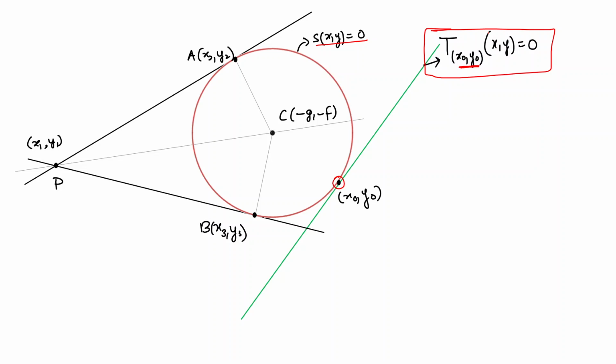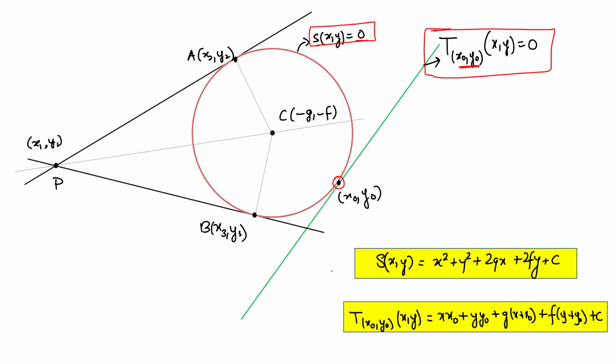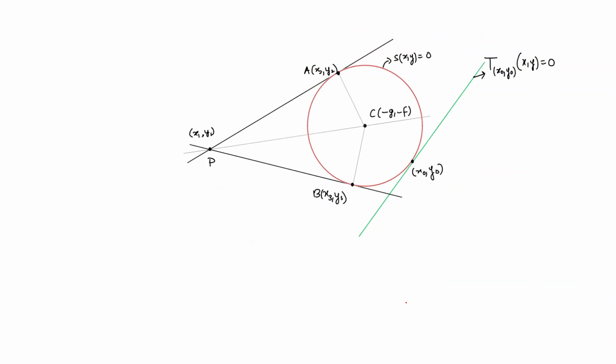But if you know about these expressions, you can proceed faster and you can improve your coordinate geometry skills. Okay, let's move on. S(x, y) is this expression, and T(x, y) according to x0, y0 is this. Let's move on.